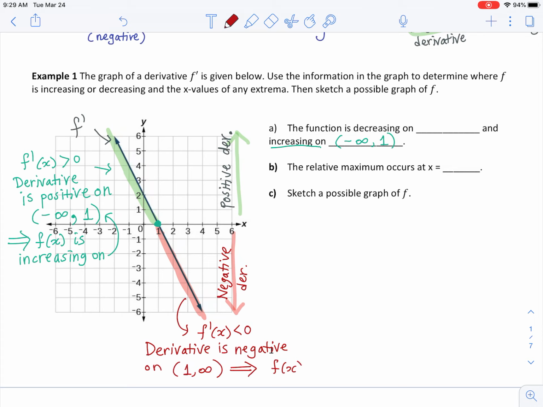And what this implies is that our function f of x is decreasing. So this function f is decreasing on the interval 1 to infinity, and it's increasing on negative infinity to 1.